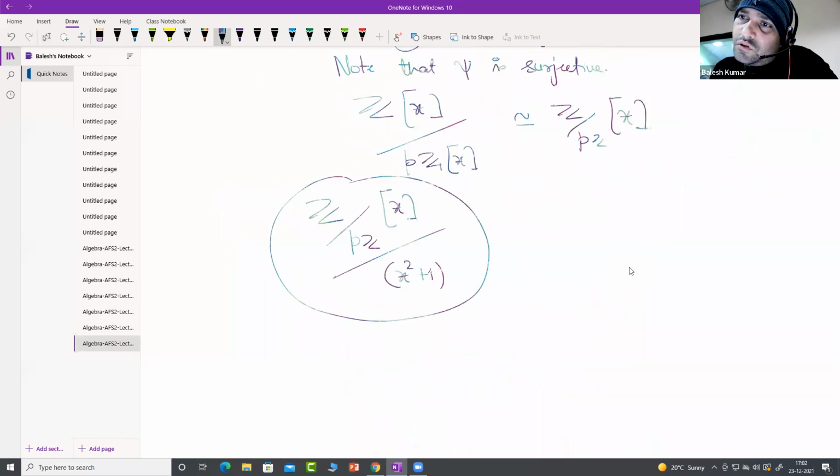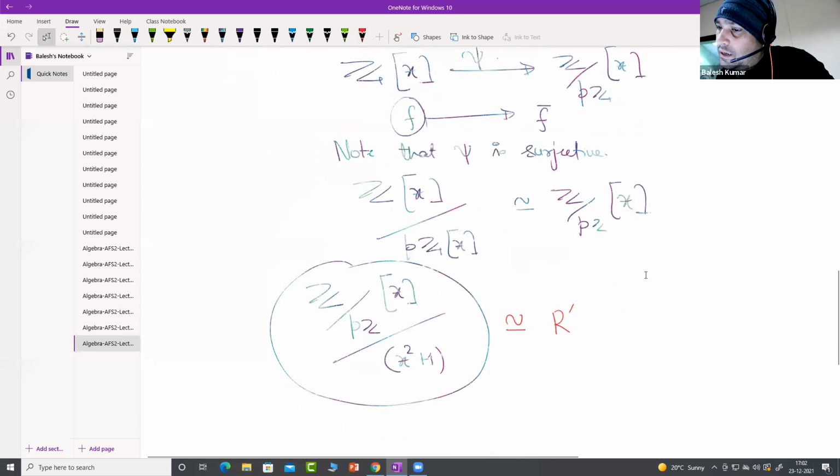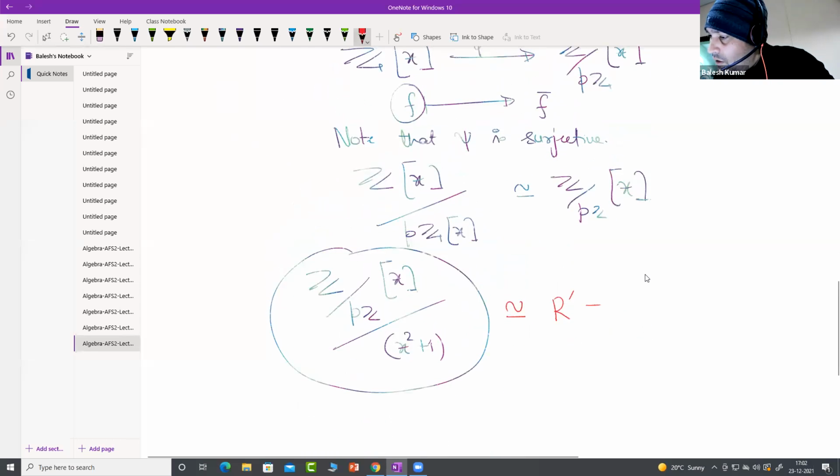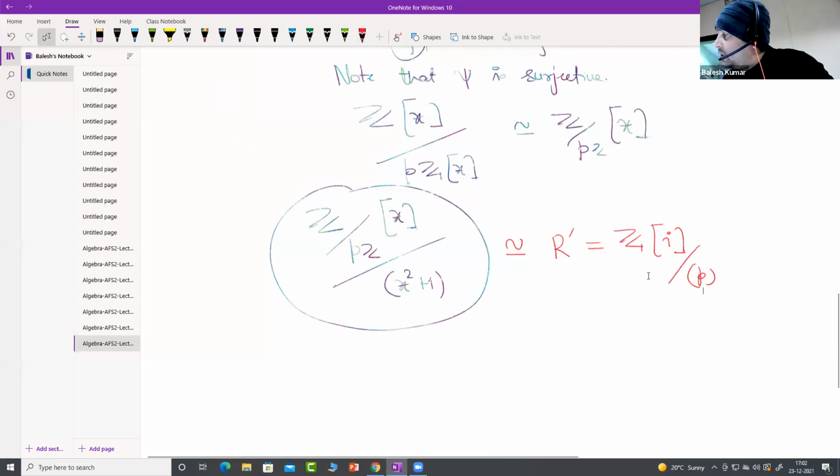And that R dash, if we look at the notation, is exactly Z[i] by the ideal generated by this prime integer p.